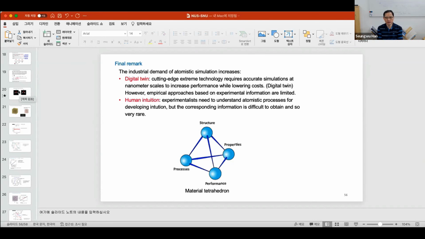But in effect, we treat everything within the periodic boundary condition, and usually because of the correlation among the local configuration or local order, the decaying length is around a few nanometers. So if your cell length is around a few nanometers, then it is enough to describe the local order of the amorphous material.